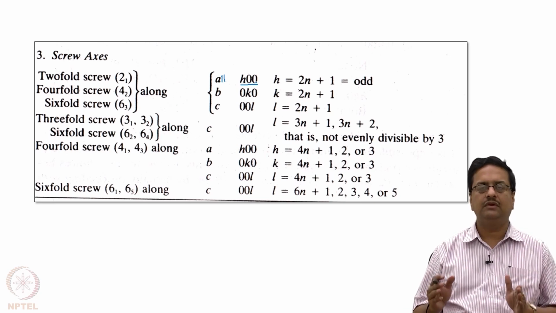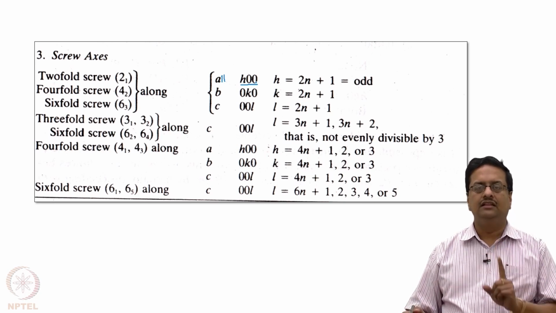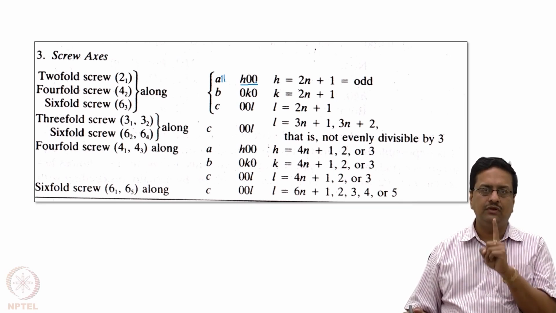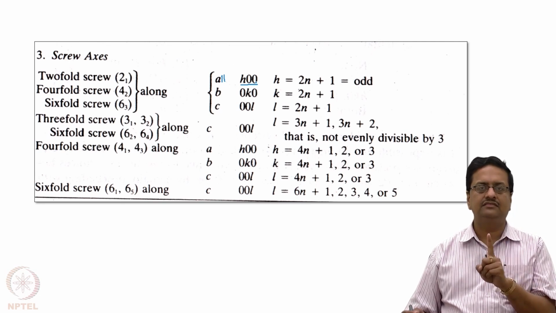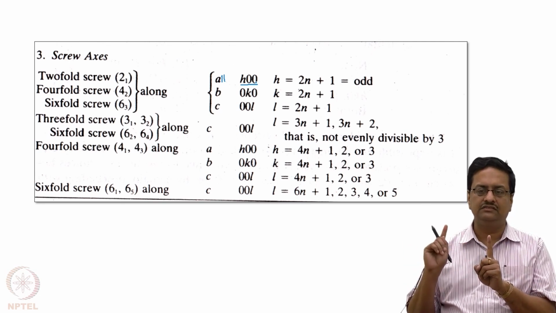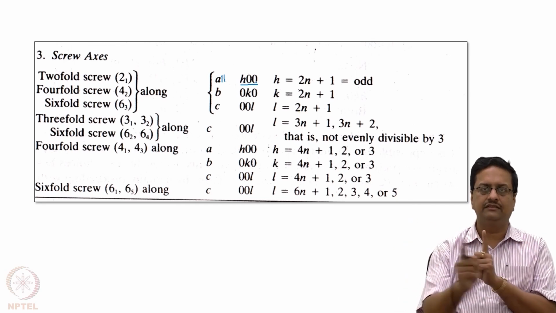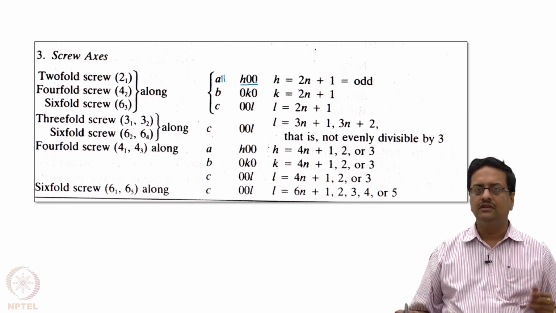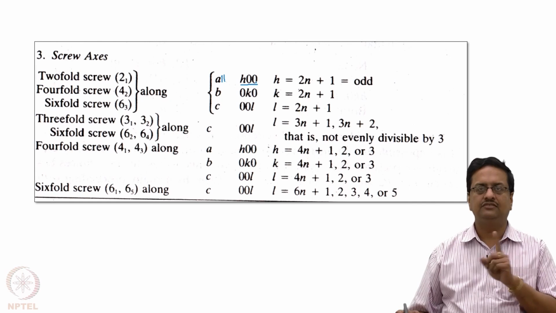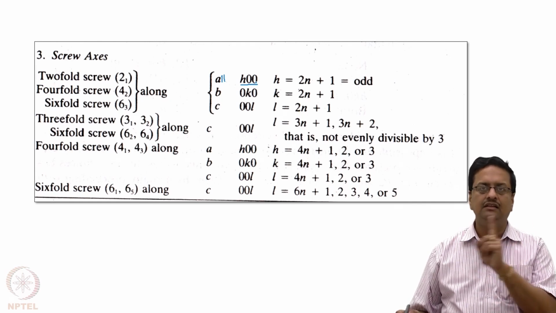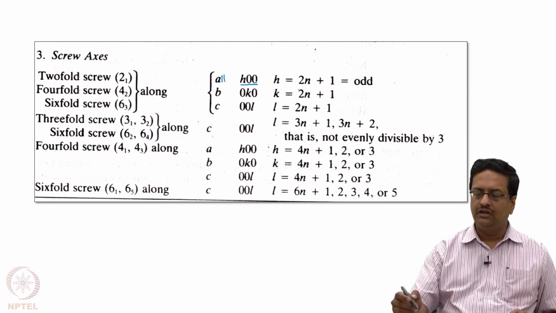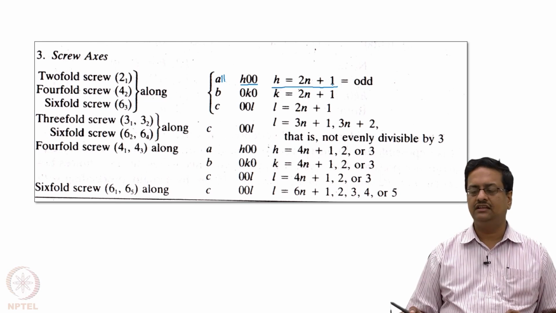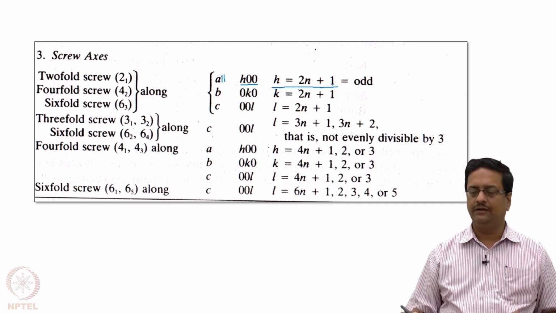One should remember that a screw axis is parallel to one axis, either A, B or C. If it is parallel to A, then the H index remains and K and L become 0, because the rotation is in the K and L plane, and the reciprocal lattice points with 0 K and 0 L fall in this particular row. So in that case, H equal to 2n plus 1 is the condition for systematic absence.